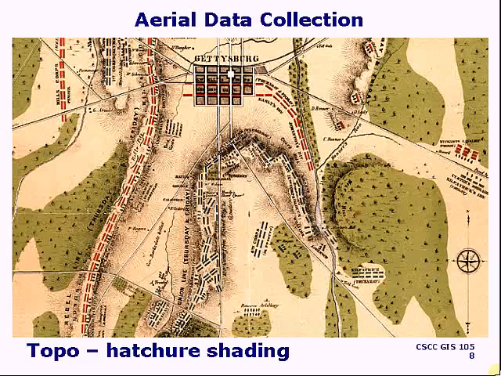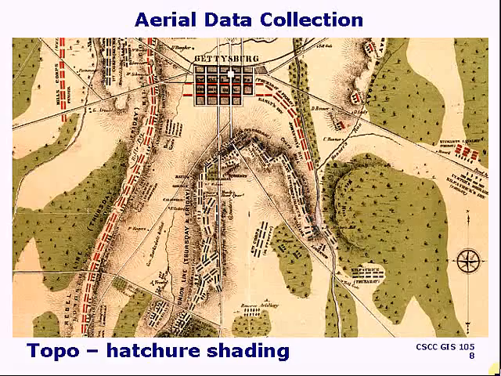Let's come ahead in time a little bit, and this idea of hachure shading. And here we've got a vertical view. The planimetric detail would be shown for the time as accurate a position as possible, and then the topography is shown with this hachuring to portray some sort of upheavals in the surface.